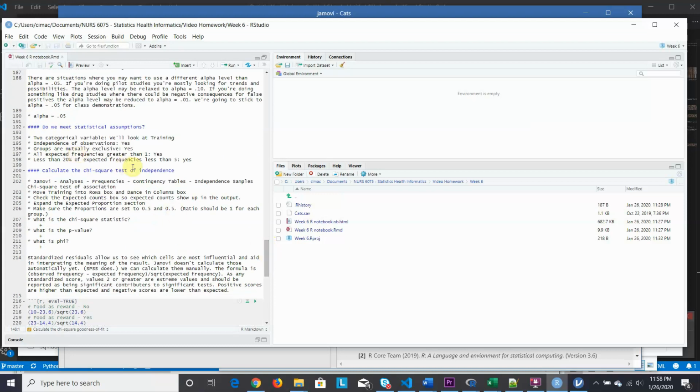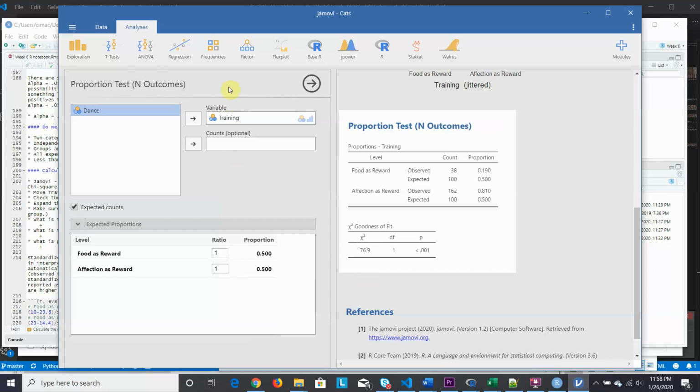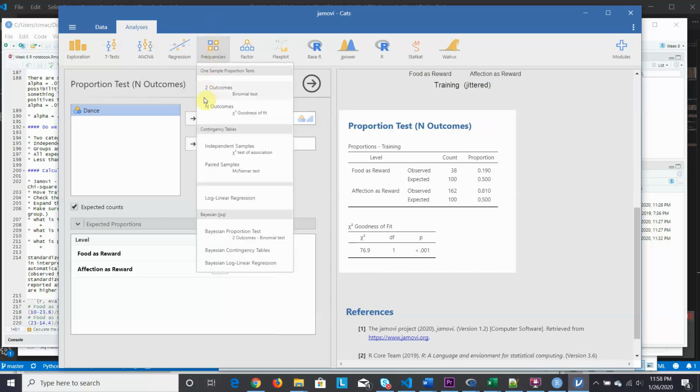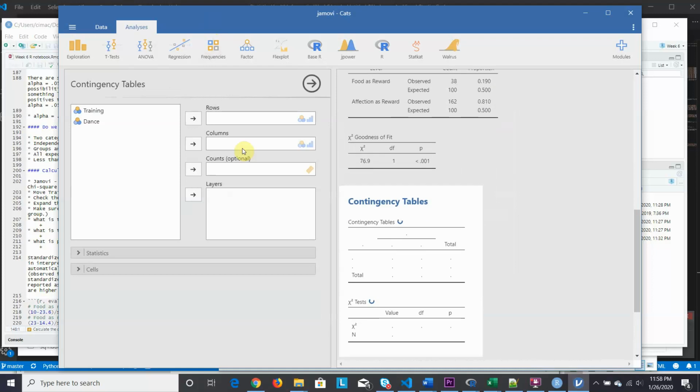Calculate the chi-square test of independence. So we're going to go to Jamovi. We're going to hit frequencies. This time we're going to go down to the contingency tables, and we're looking at independent samples. So we'll pick the chi-square test of association, they call it.